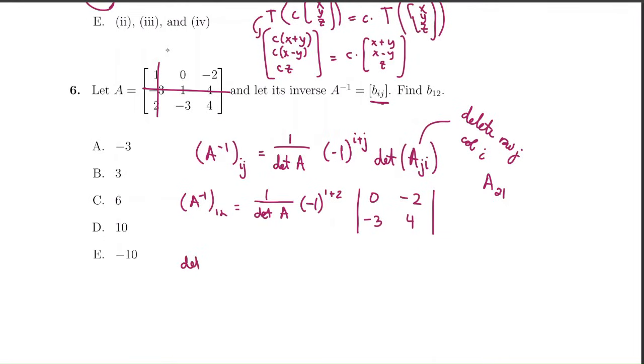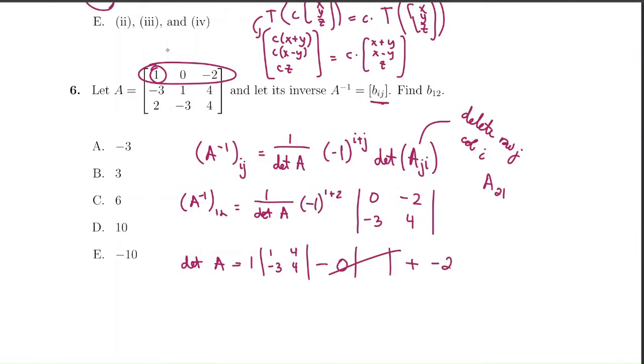We need the determinant of A, so let's do that first. I'm going to expand along this top row. It's the easiest because we have a 0, so for one of them we can just not compute it. We take the determinant by first taking this entry, deleting the row and column that it's in, and then finding the determinant of the remaining matrix. Then we do the 0, which just gives us 0, because it's 0 times whatever.